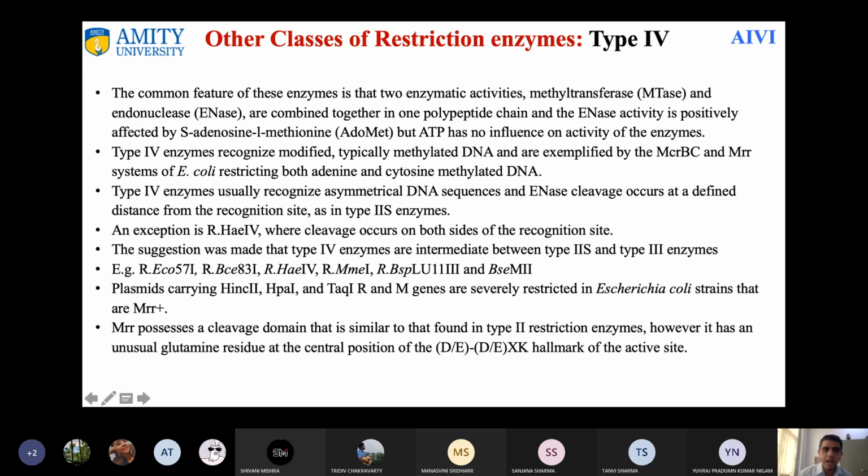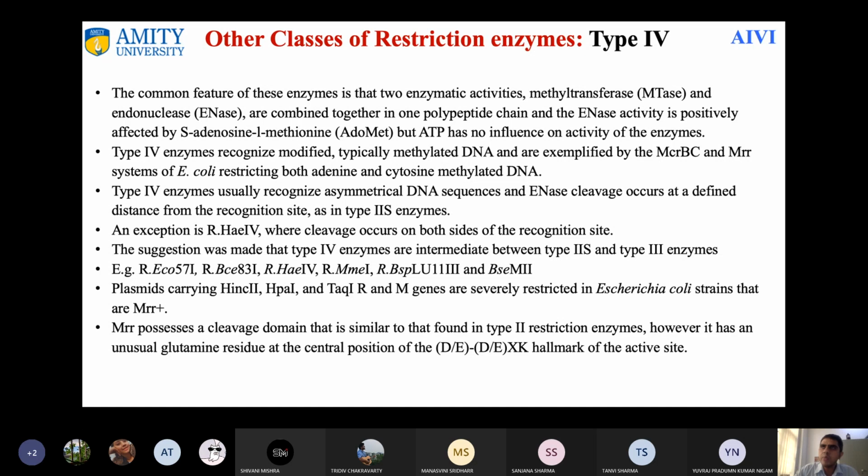If you see here, Eco57I, RBCE 83. These are a few examples of type 4 restriction endonucleases. And where do you put them?